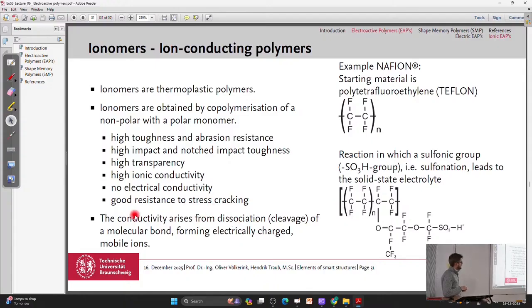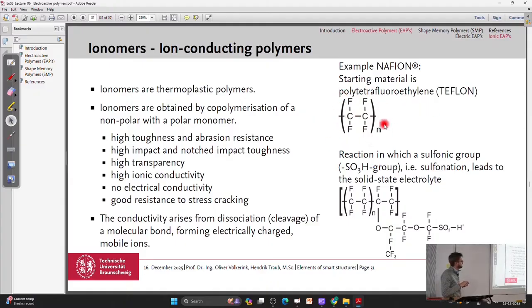We won't go into detail how the conductivity really works out. It's from a dissociation of the molecular bonds, which form electrically charged mobile ions. So we need mobile ions, but we won't go into detail of the chemistry. But an example material is Nafion, which is produced from Teflon, the brand name for polytetrafluoroethylene.